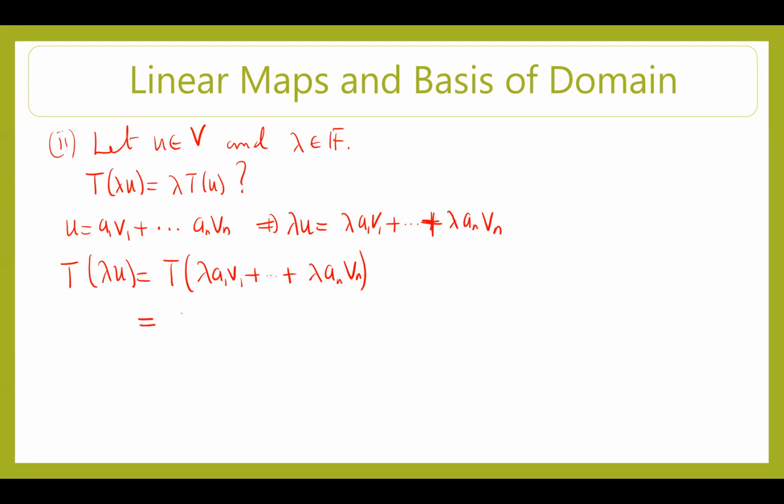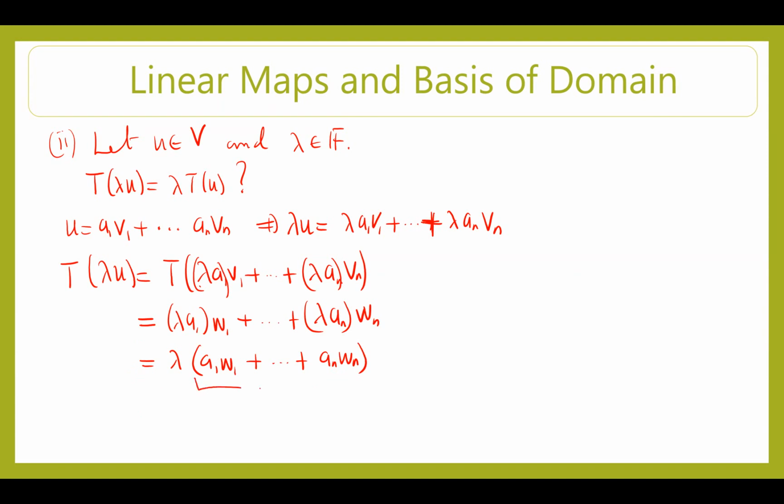Based on the way I defined my T, when it takes a linear combination like this, these are now the constants, and it produces the same constants, but now with W. So I have lambda A1 W1 all the way to lambda AN WN. Lambda is common to all, so I can pull it out. Lambda is just a scalar here, and can be pulled out of the whole expression.